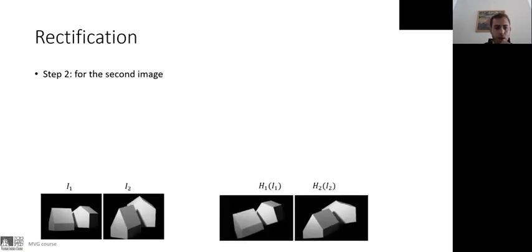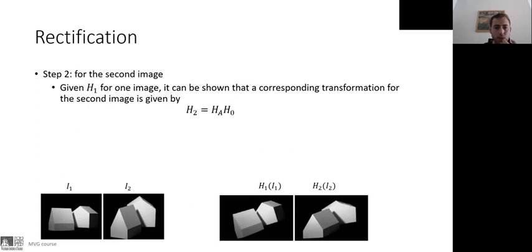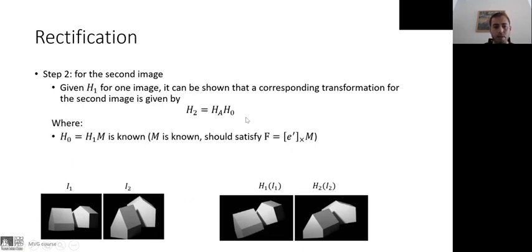But what about image 2? It can be shown that if we know H1, H2 can also be known as HA multiplied by H0, where H0 is a known matrix, decomposed to H1 multiplied by M, where M is known from the fundamental matrix.